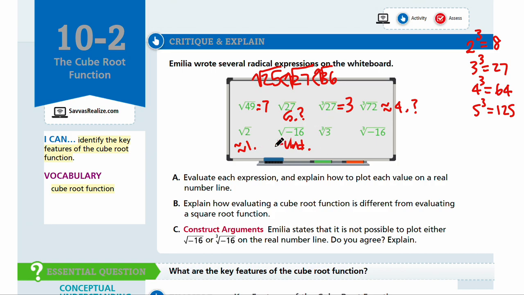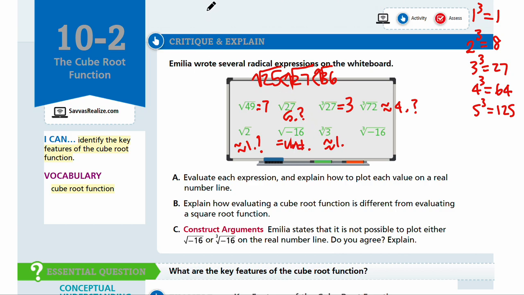And then cube root of 3 is between 1 and 8, and it's closer to 1. So this is going to be about 1 point something and closer to 1. And so cube root of 3 and root 2 are very similar. So this one you have to go specifically. You actually have to guess and check the squares and everything.